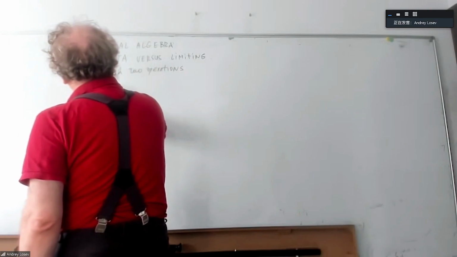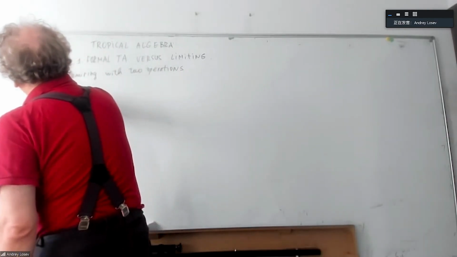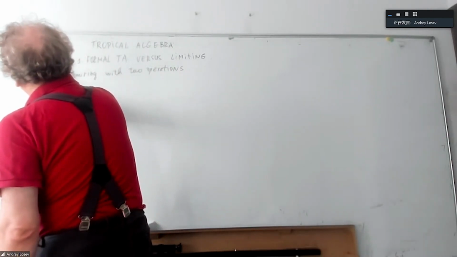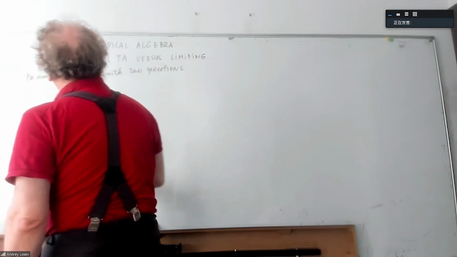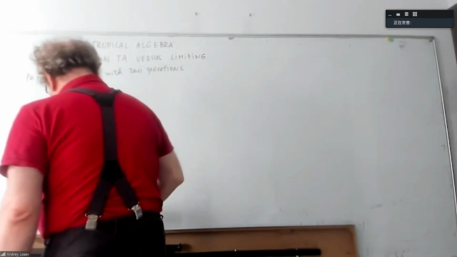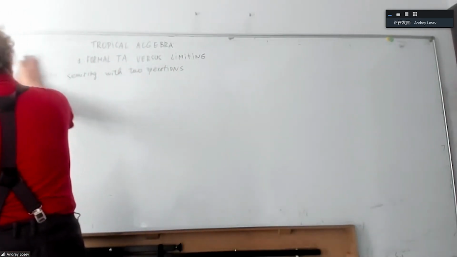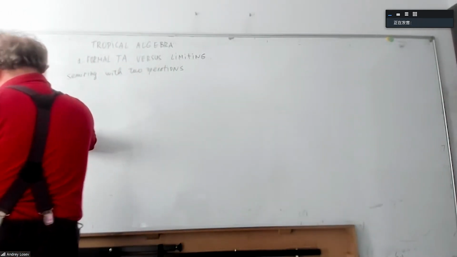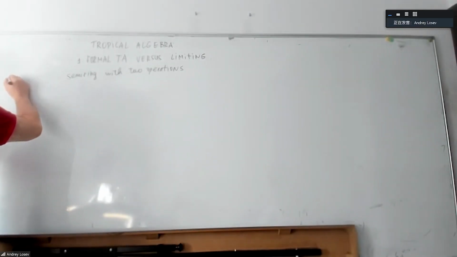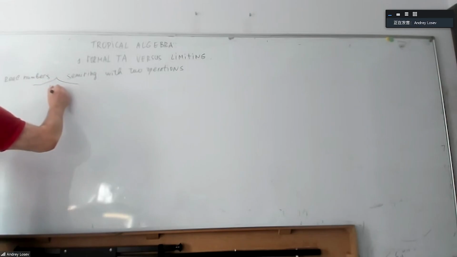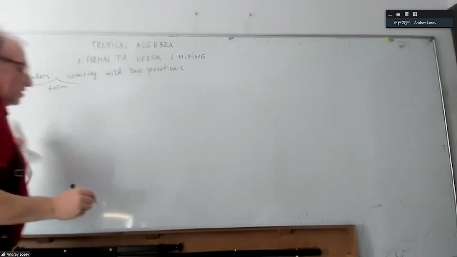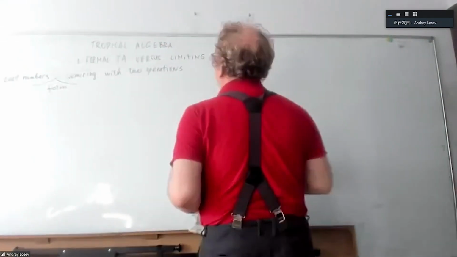Real numbers form a semi-ring with 2 operations.